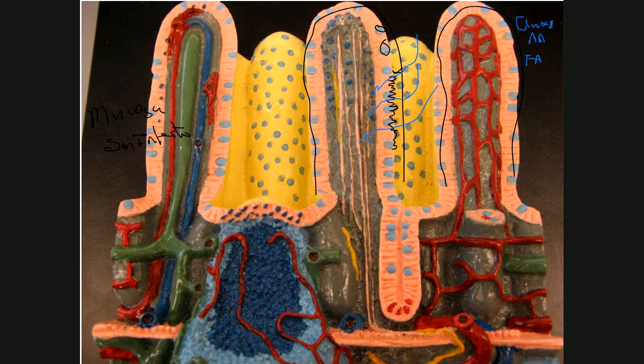And then they're going to go into these structures here to be transported to the liver. And they're going to the liver because the liver gets first chance at everything that comes out of the small intestine because the liver has a ton of jobs. We'll talk about that more when we get to the liver, but that's the first place it's going to go, is to the liver.